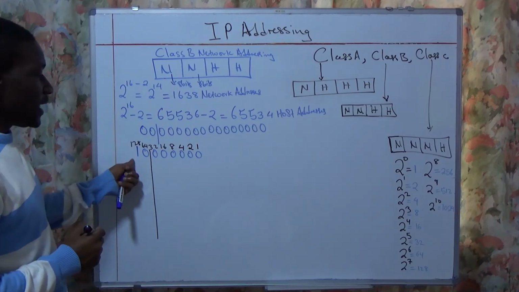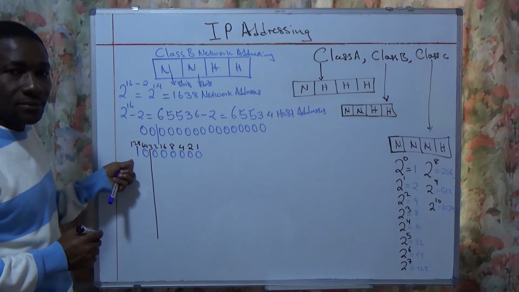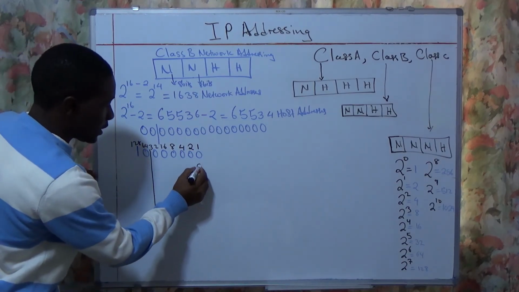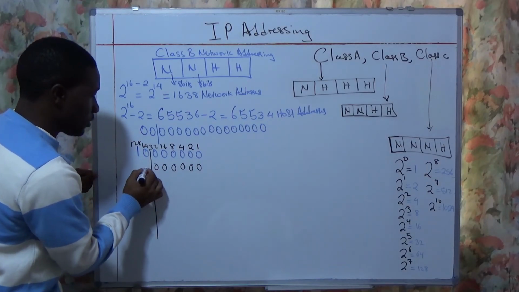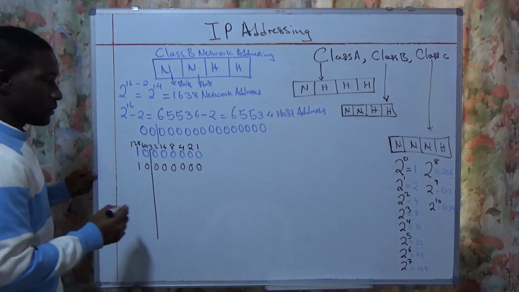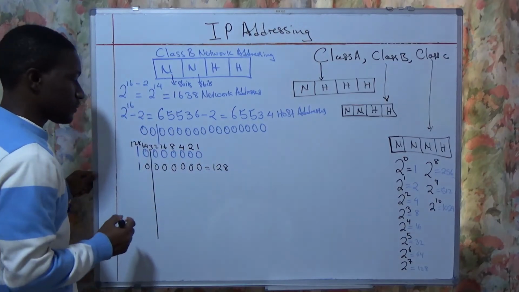And 128 is our first IP for class B. We shall have 0, 0, 0, 0, 0, 0, 0, 1, which will give us 128.